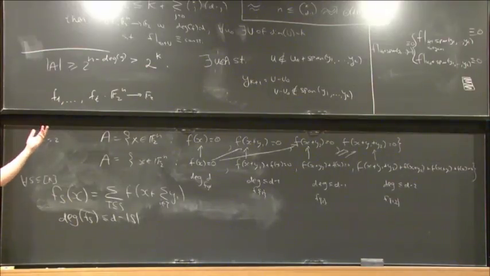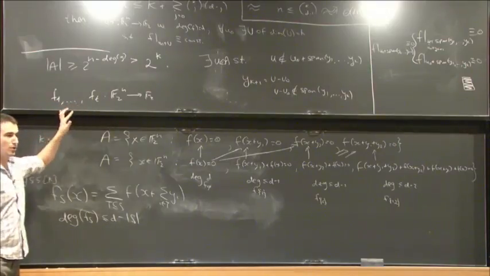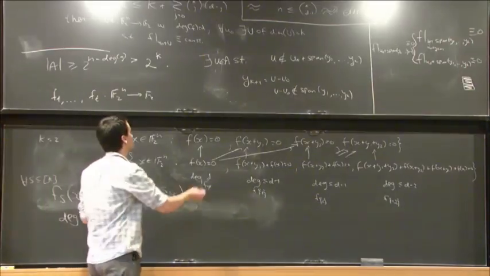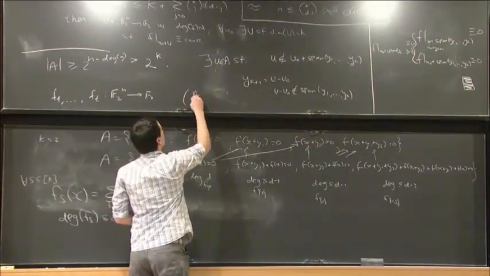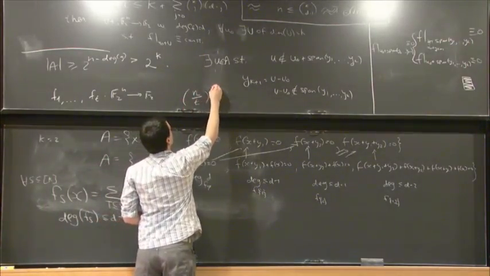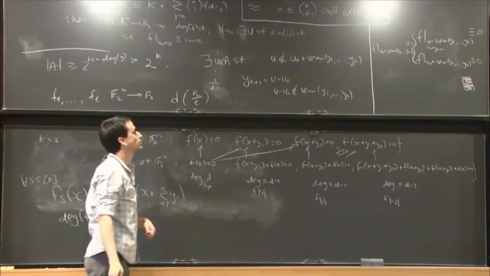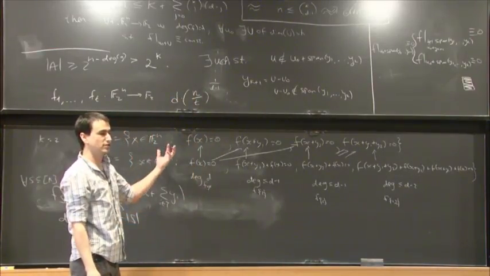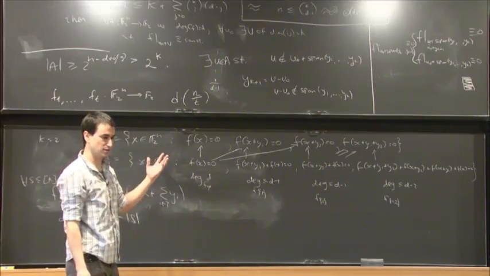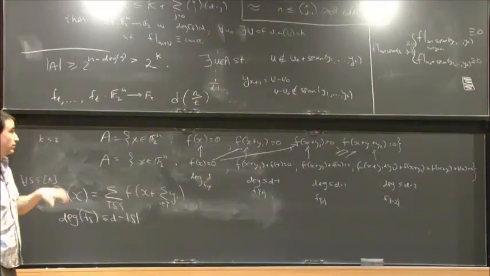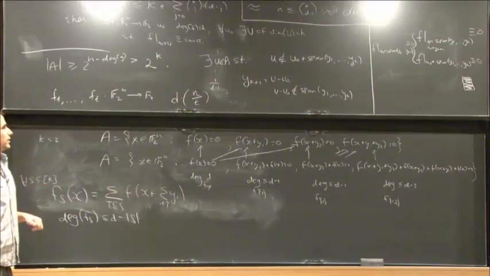Then pretty much following the proof and just looking at t polynomials instead of 1, we can prove that there exists a subspace of dimension roughly this, such that all the functions are constant simultaneously. Okay, and this will be useful for our application.